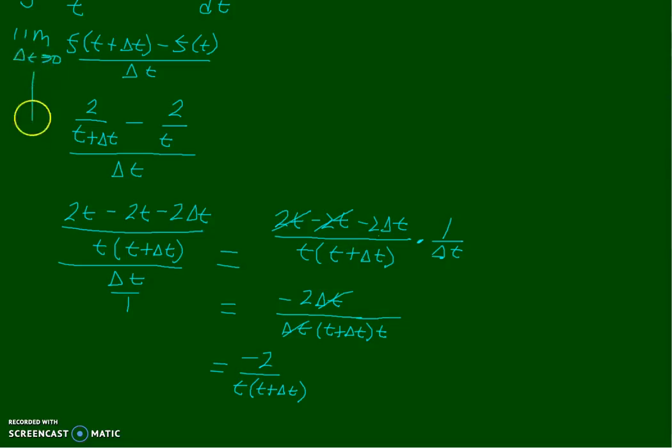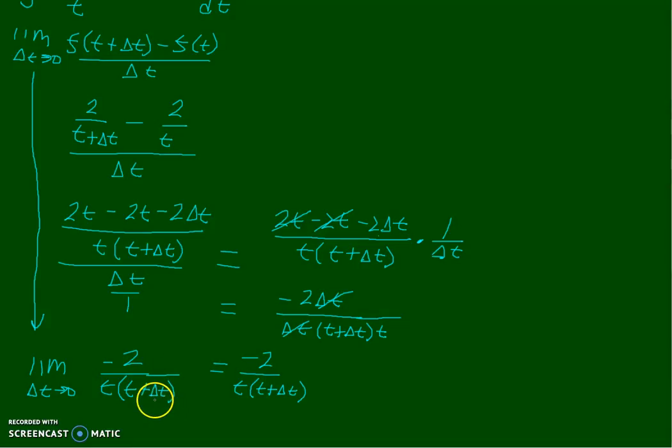So let's bring our limit down to here, and we take our limit as delta t approaches 0 of negative 2 over t times t plus delta t.